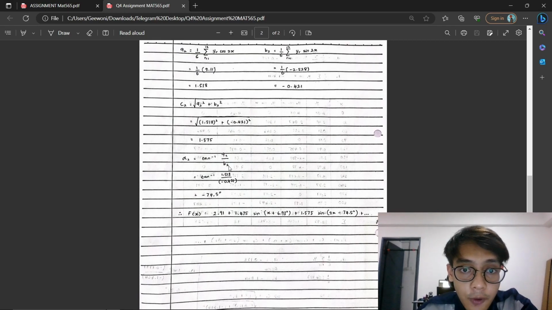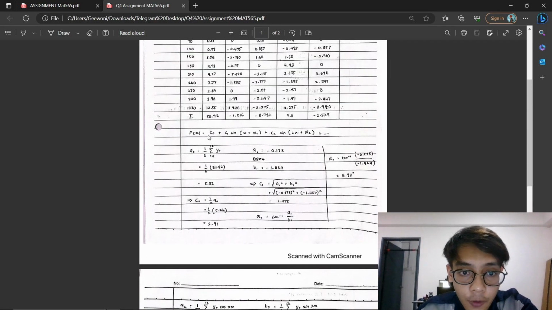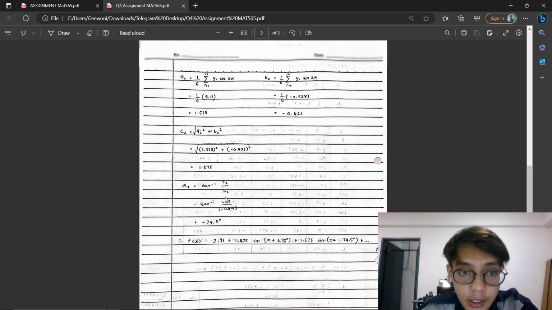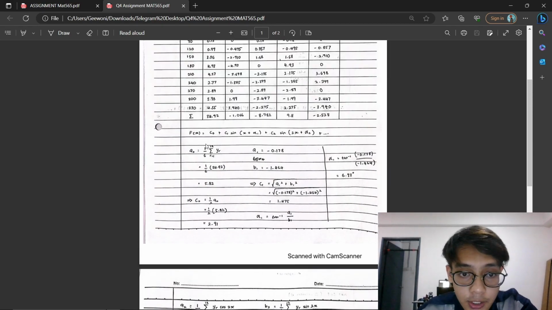Since we have all of the values for C0, C1, alpha 1, C2, and alpha 2, we just put them back into our final equation for the function of the series.